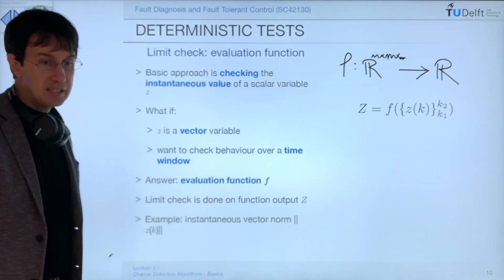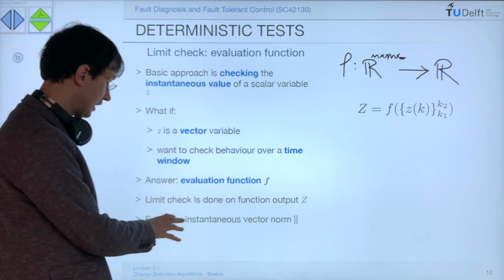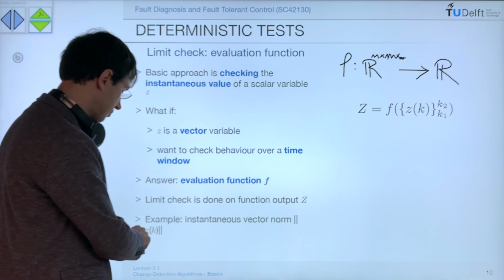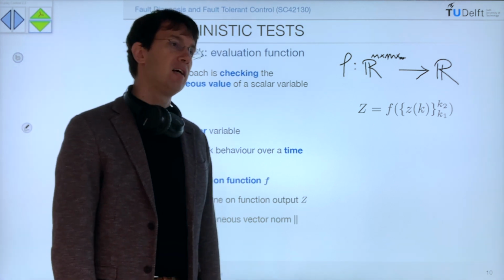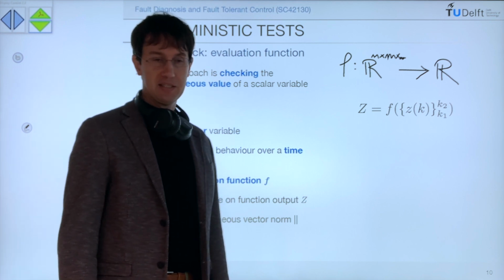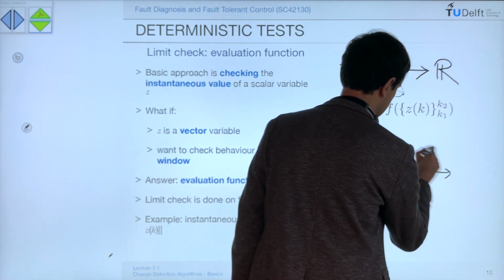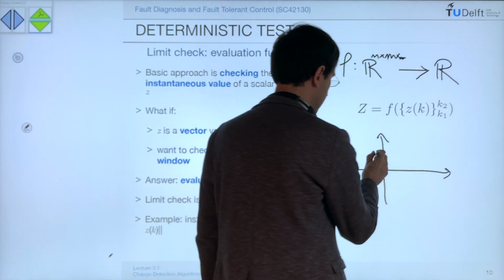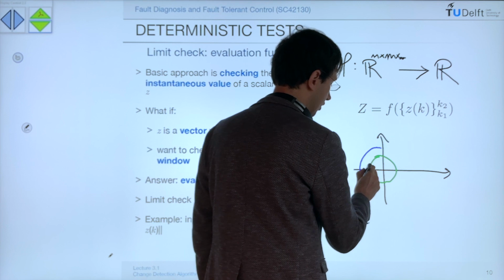So an example of that could be an evaluation function that is computing the instantaneous vector norm of my variable z. This can encode, for instance, something like the orbit of a satellite. So let us assume that normally, we have Earth in the center, and then we have the position of our satellite.